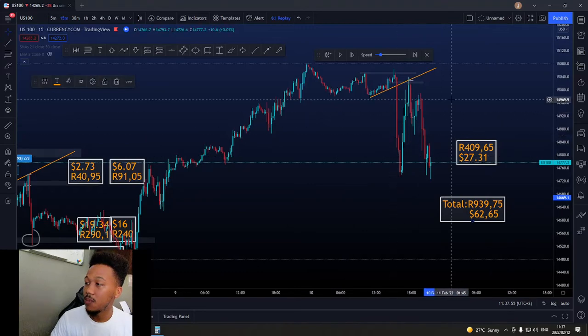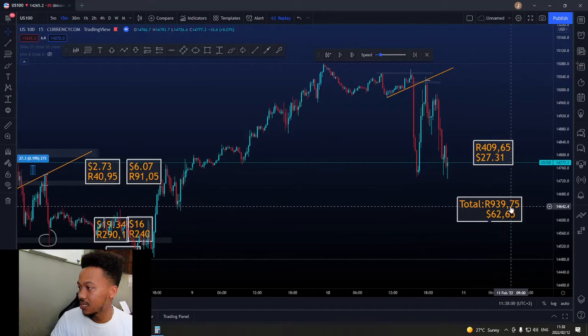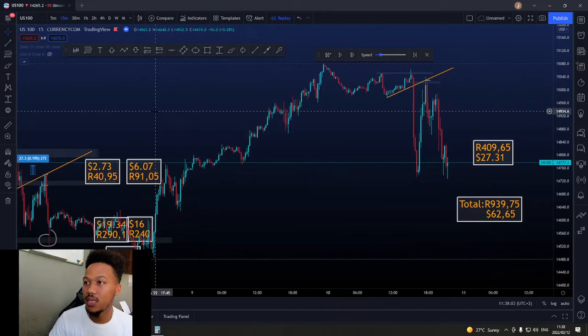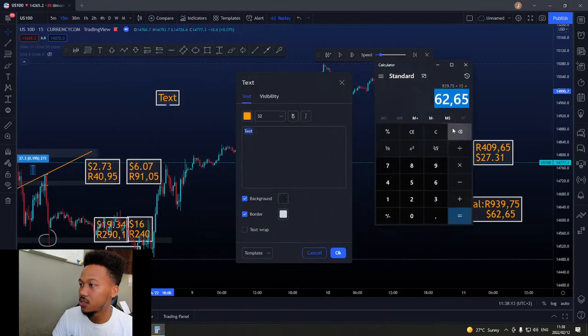Let's calculate the amount of risk you took to gain this 939 ZAR. Okay, let's calculate the risk. We have to calculate these two. So it would basically be 40.95 plus 910, plus another 91.05 of this trade that we just took over there.